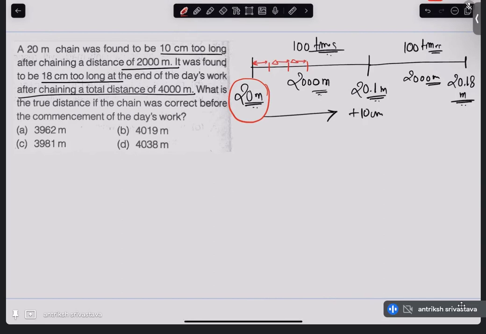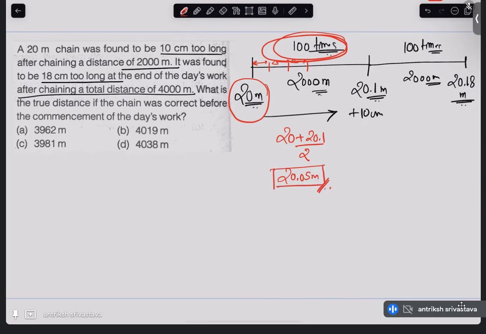So what we will say is that the approximate or the average chain for these 100 times of laying down of the chain and measuring the distance was an average of these two readings. So it is 20.05 meters. And for the second half of the day, it is again the average of these two readings. That is 20.14 meters.